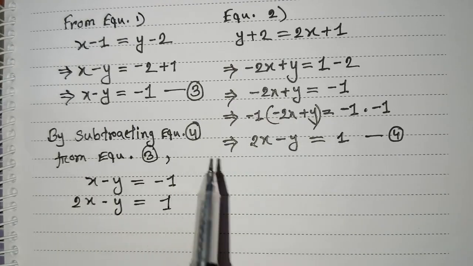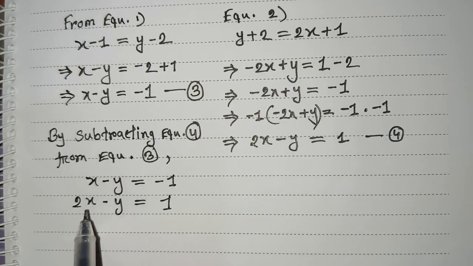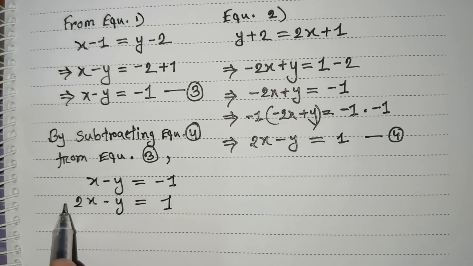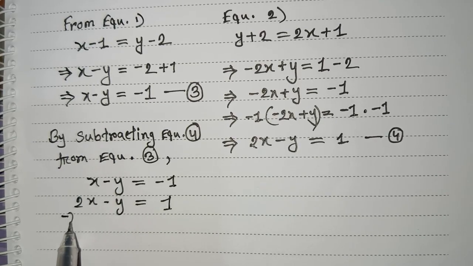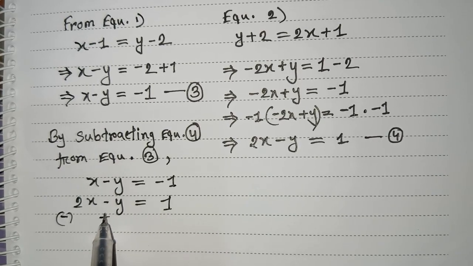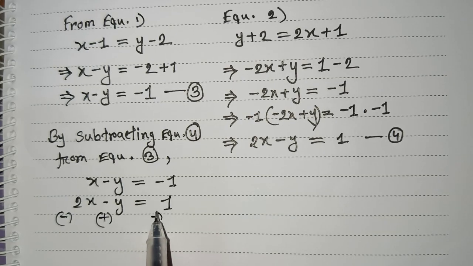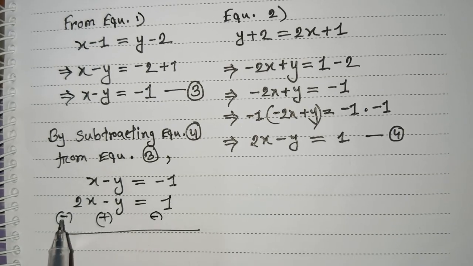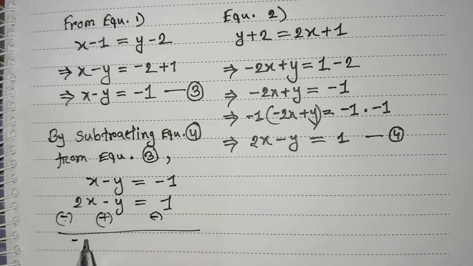As we are subtracting equation number 4, we have to change the signs in equation 4. So here we have a positive sign, it changes into a negative sign. Minus becomes plus, and plus becomes minus. X minus 2x gives minus x.